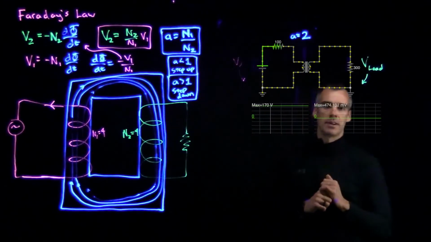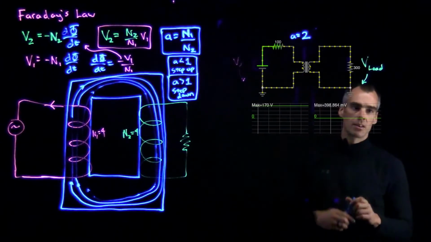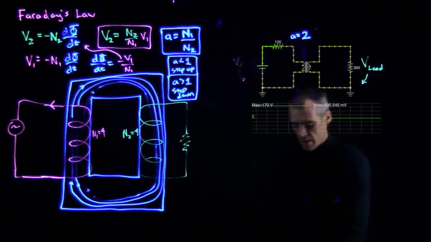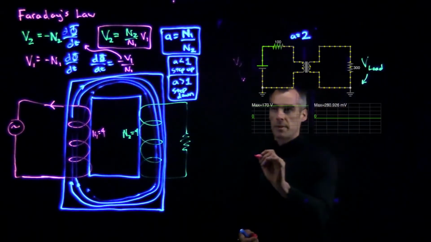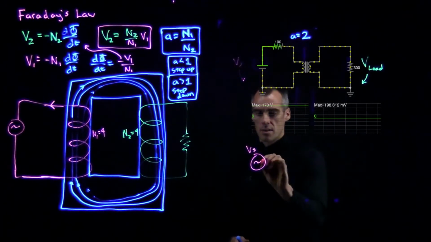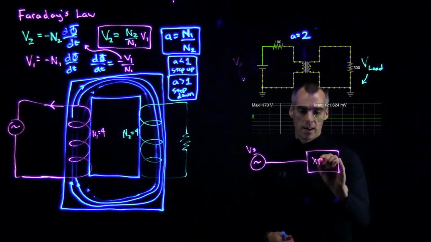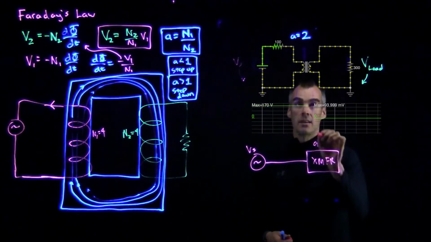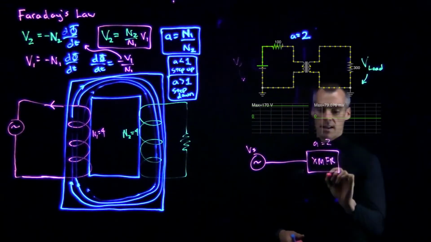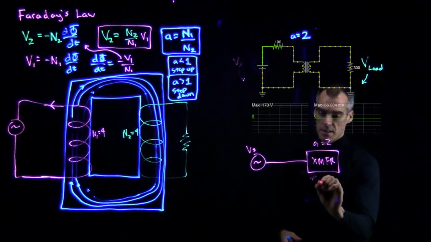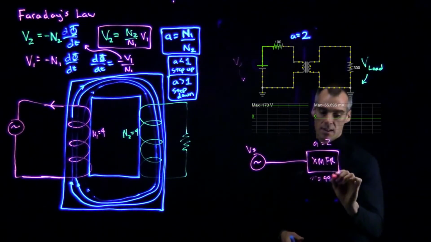But last thing I'd like to mention is you may see this represented in a little bit simpler way, and that might be through a diagram like this, where we have our voltage source, just a line connecting it to this box. This box is our transformer X, and it may have a certain A, let's say it's 2 in this case, and then it may have a certain efficiency, say 99%, which is pretty typical.